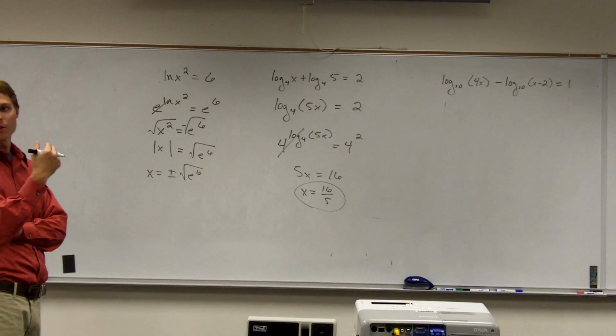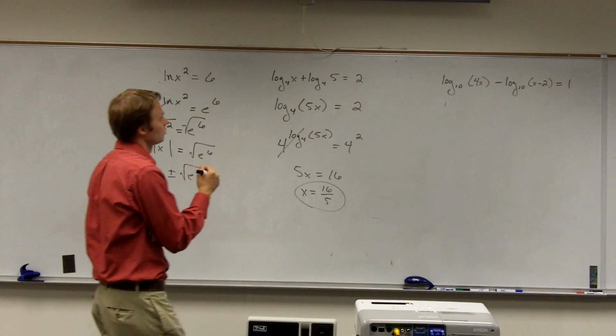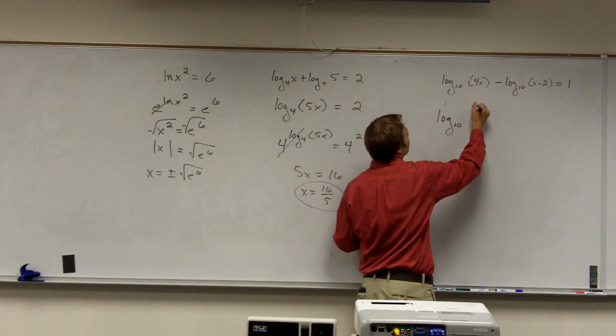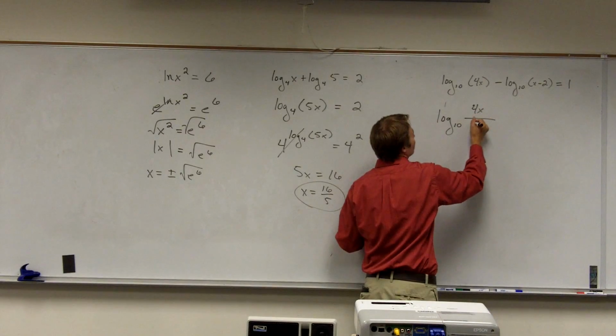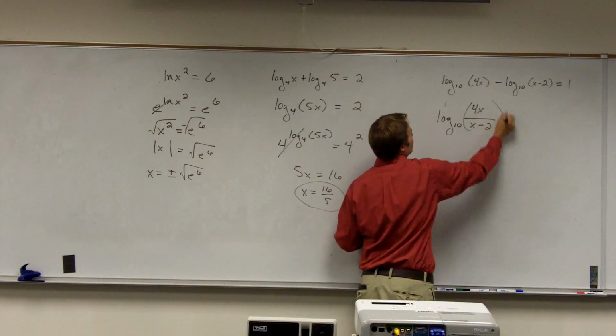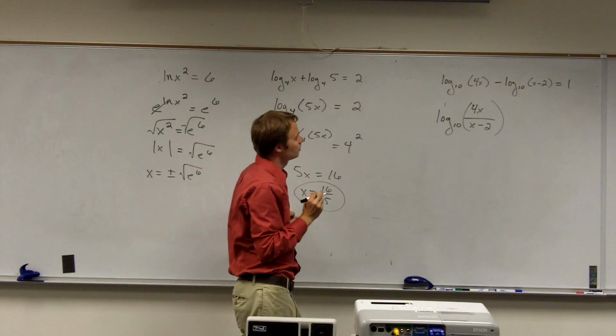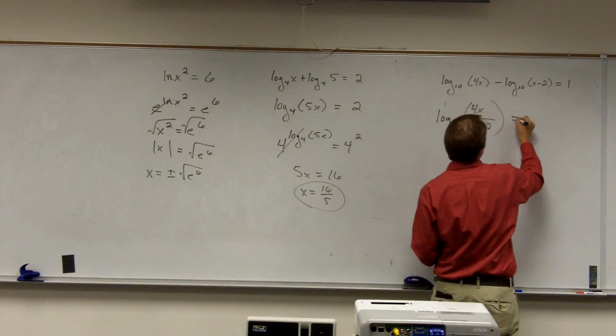Again, the smart thing is probably to try to combine these first. So this will really be log base 10 of 4x over x minus 2, using our logarithm combination rules. And all of that's still equal to 1.